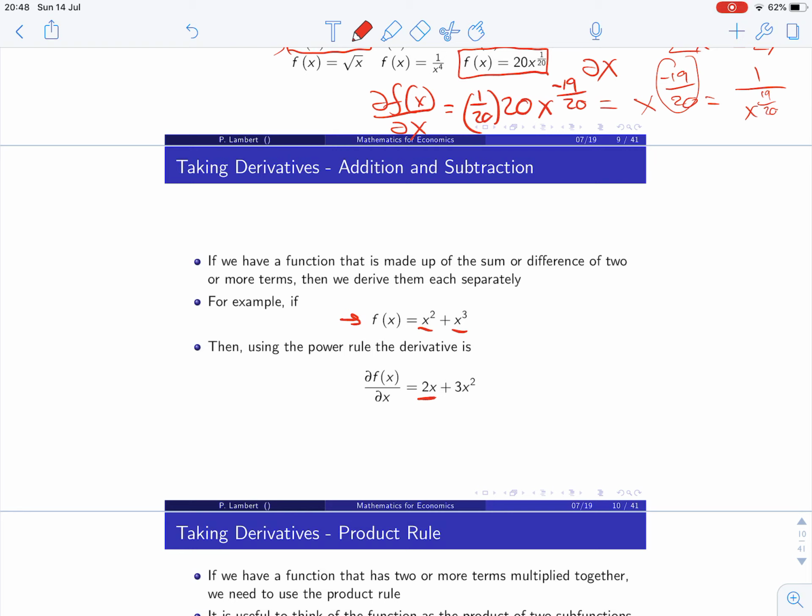Now we just apply our power rule to x cubed. We take the 3 out the front. We minus 1 from 3, and that's the new exponent. So the derivative of this whole function is given by this. So when we encounter addition and subtraction, we just treat the terms separately, we derive each one separately, and then we have our new function which takes the input x and spits out df/dx, or our derivative.